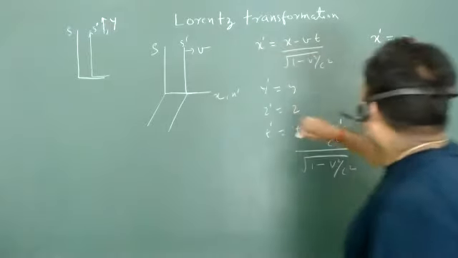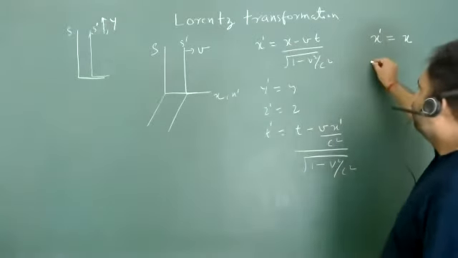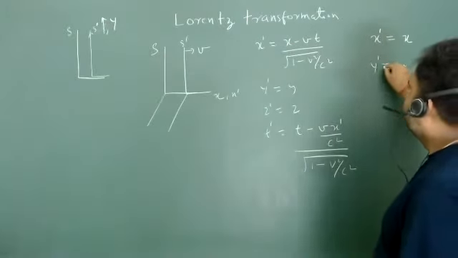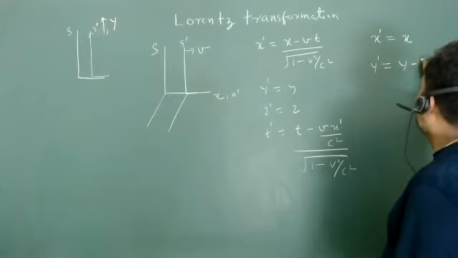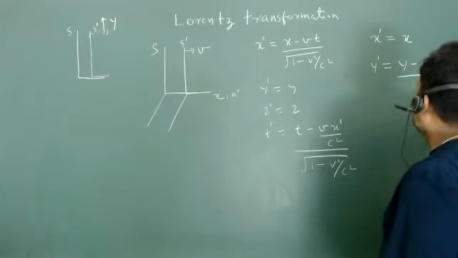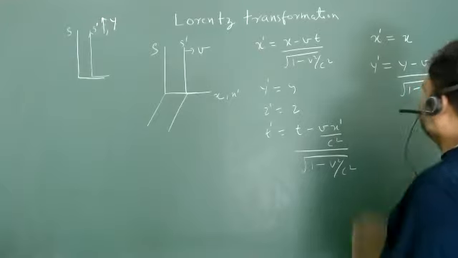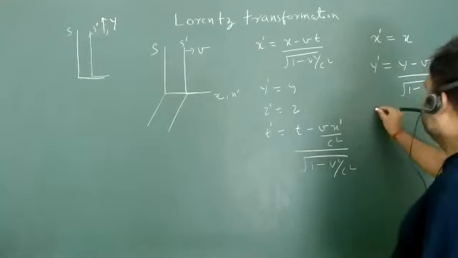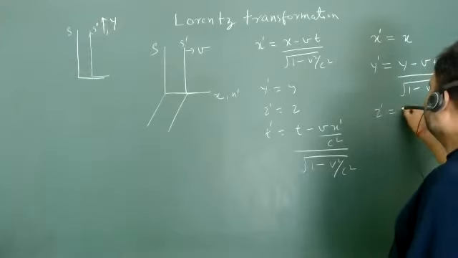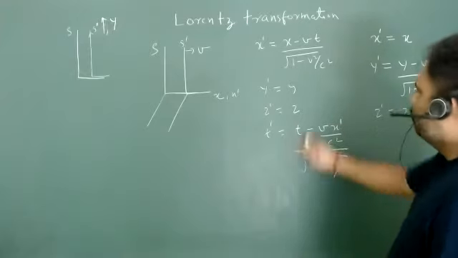So how is my formula going to change? Y dash is equal to Y minus Vt over root under 1 minus V square upon C square. And obviously Z dash will remain exactly the same, but time will also change.